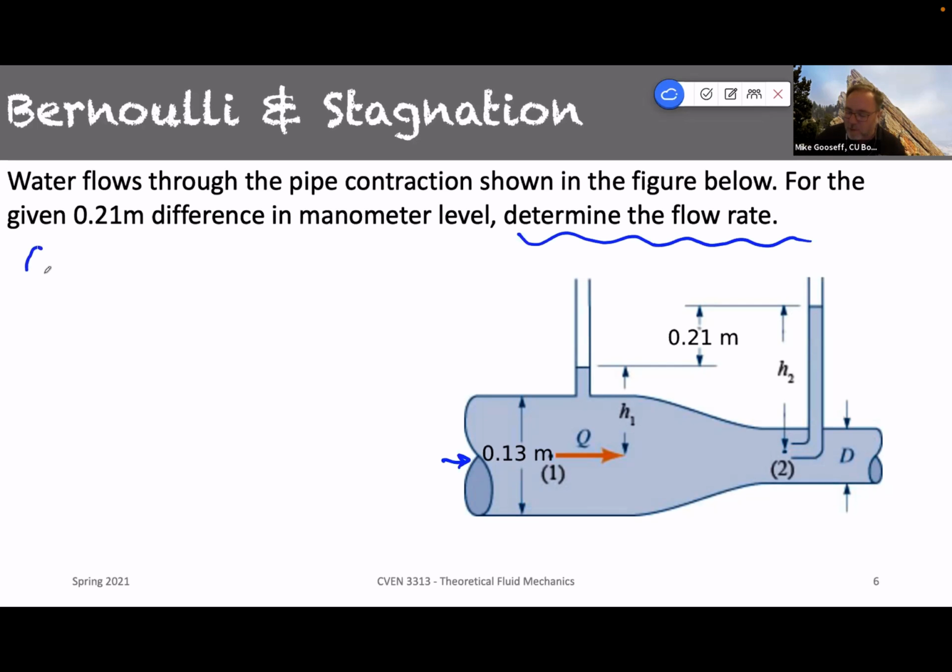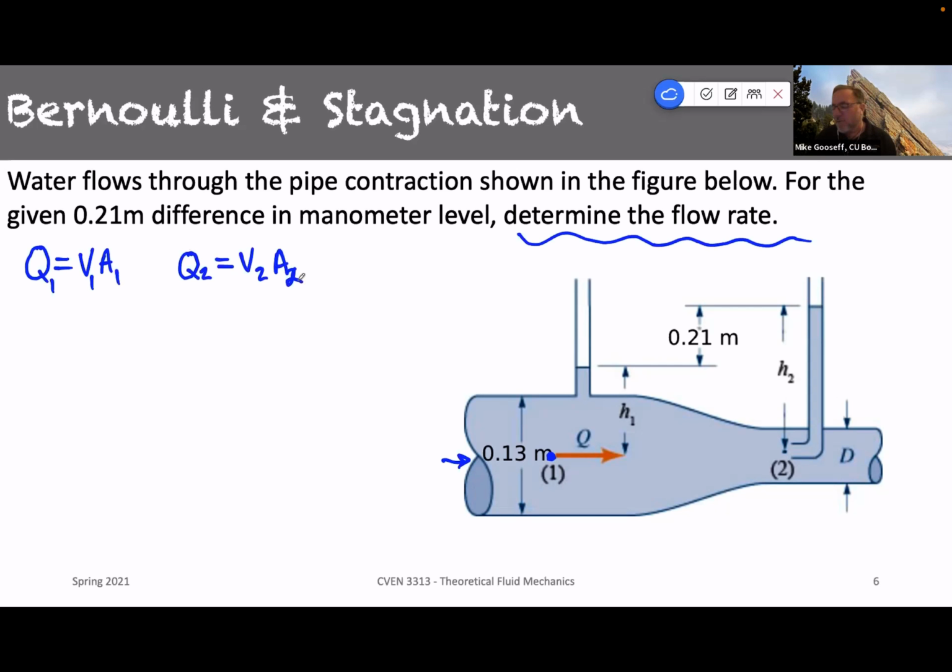So remember that Q in general is equal to V times A. And if I make this specific for point number 1 right here, Q1 is equal to A1 times V1, or V1 times A1, as I have it written. But we also note Q2, of course, is also equal to V2 times A2, right?